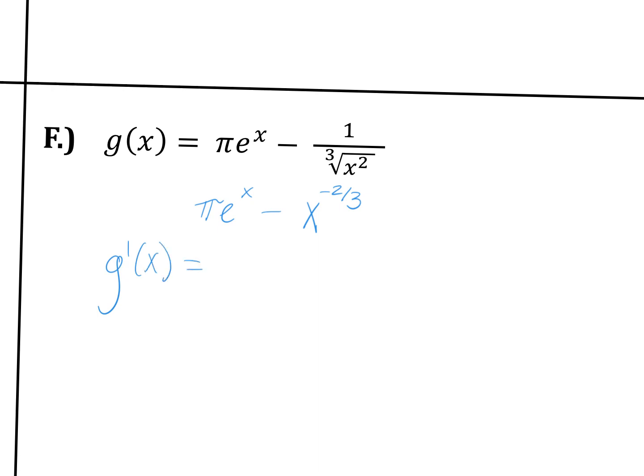So derivative of e to the x is just e to the x, so that pi e to the x stays the same. So that will become a plus 2/3 x to the -5/3. So you can write that as 2 over 3x to the 5/3.